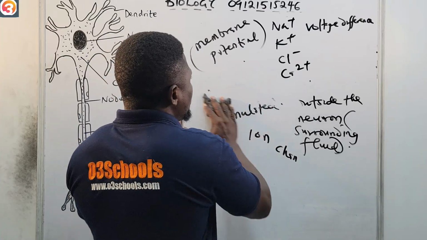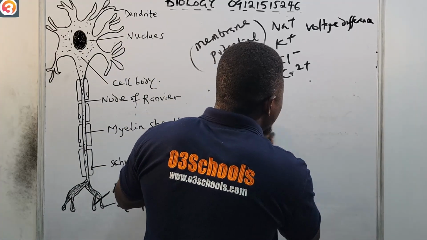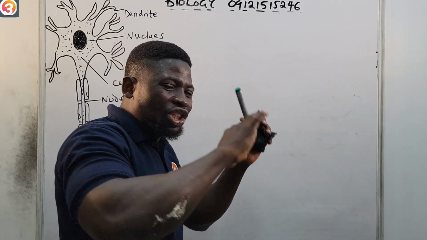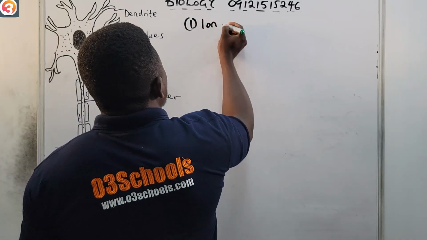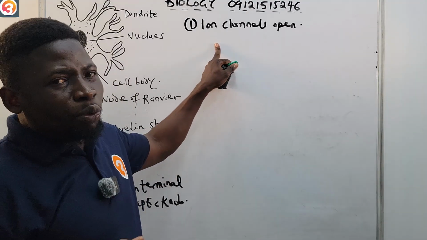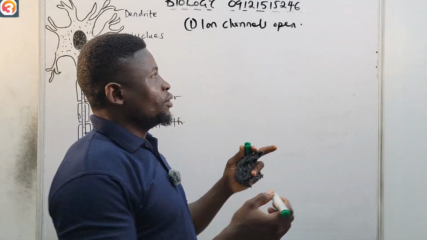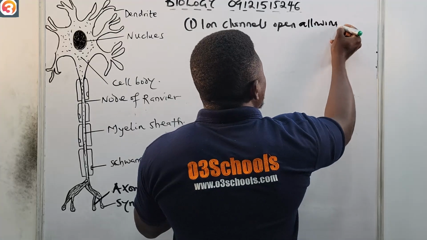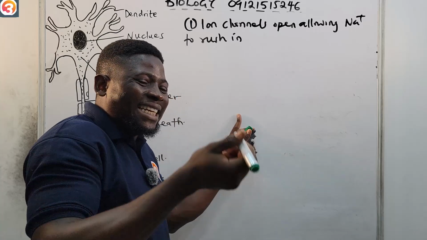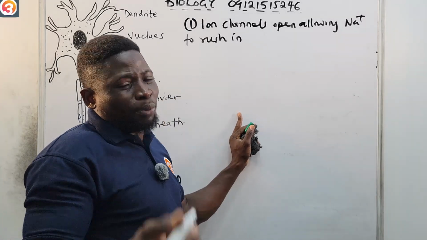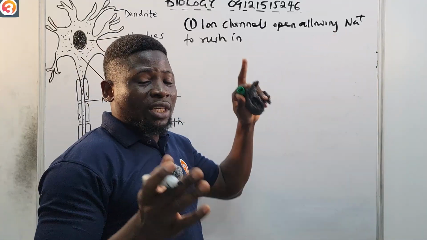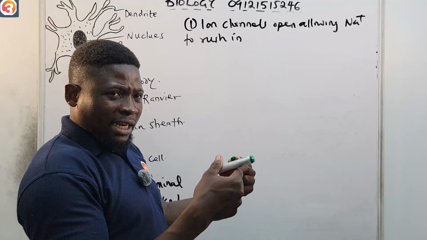When the ion channels open, it allows sodium ion, that is Na plus, to rush in, thereby making the inside more positive or less electronegative. Since ion channels have opened, sodium ion, which is positive, is rushing into the neuron.